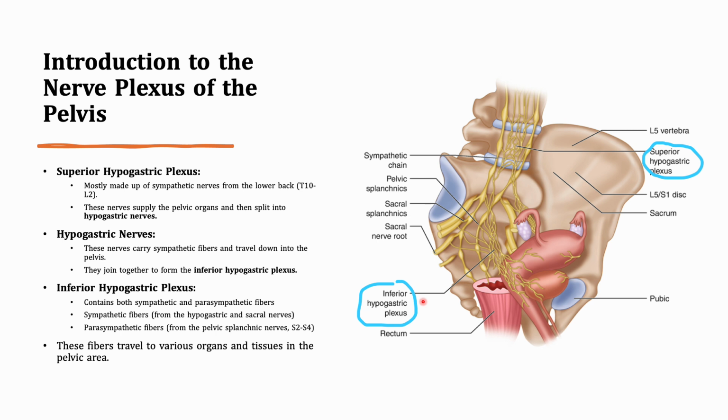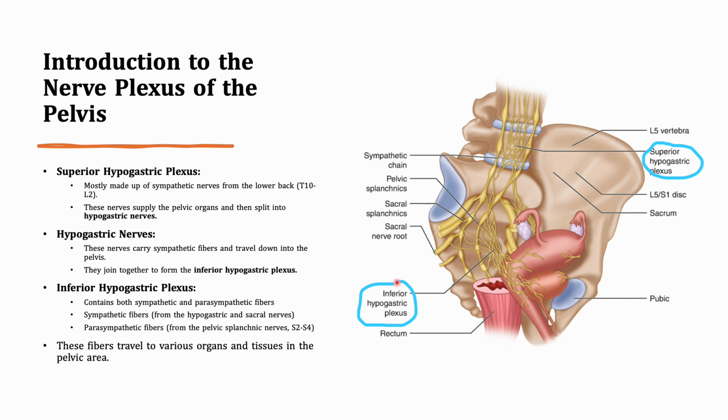The sympathetic fibers that it is holding are from the hypogastric and the sacral nerves. I'm going to say that one more time. The sympathetic fibers that the inferior hypogastric plexus contains are from the hypogastric and the sacral nerves.